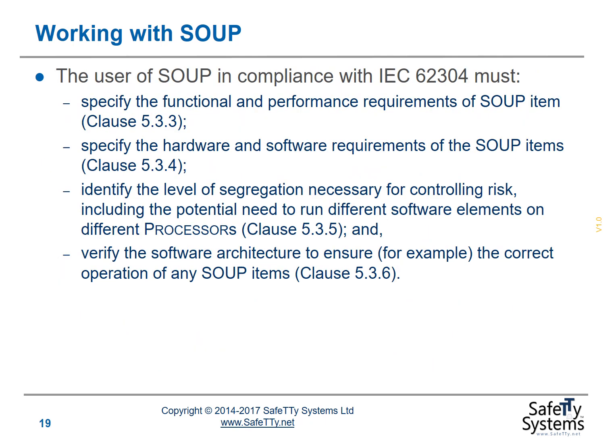So the user of SOUP in compliance with IEC 62304 must specify the functional and performance requirements of SOUP items, specify the hardware and software requirements of the SOUP items, identify the level of segregation necessary for controlling risk, including the potential need to run different software elements on different processors, and verify the software architecture to ensure, for example, the correct operation of any SOUP items.